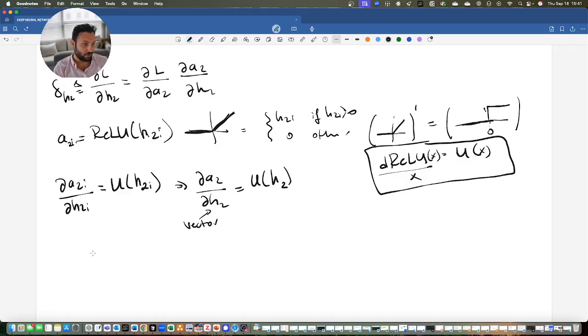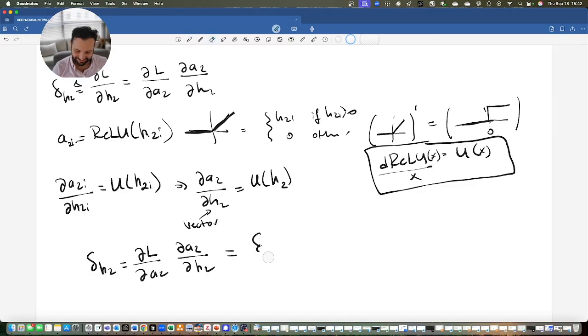So therefore, the delta H2 is dL over dA2 times dA2 over dH2, which is going to be delta A2, the error that I previously calculated, times u of H2.